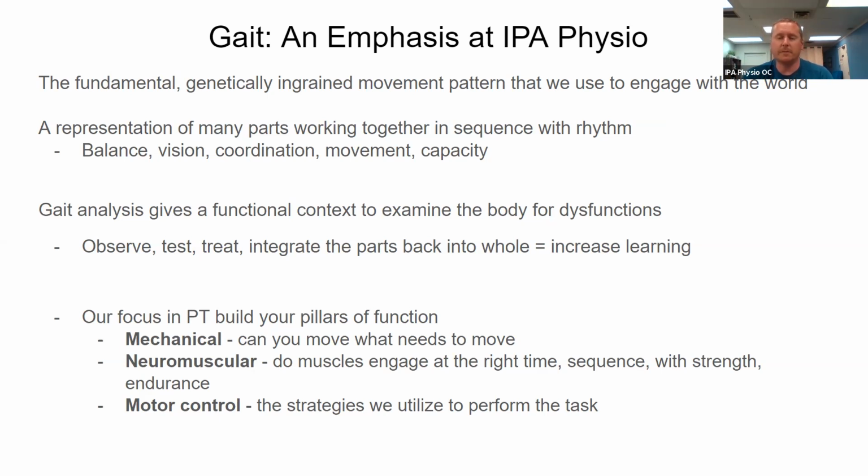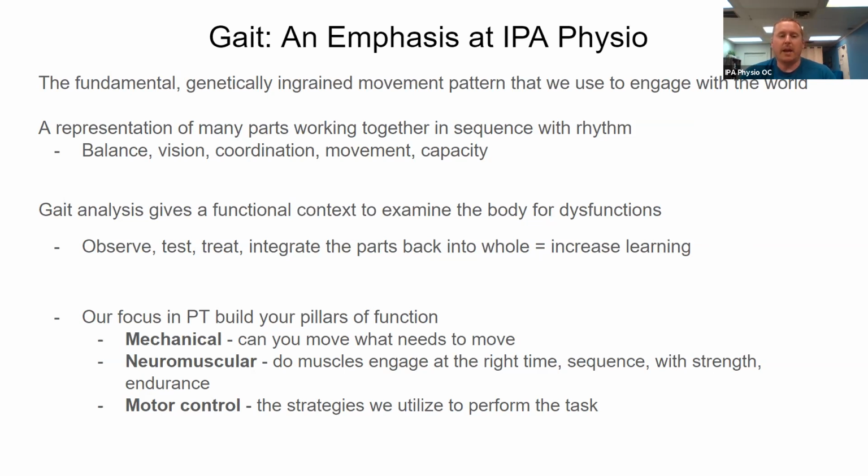And can it go through the available range of motion? Or is it stiff? If you can't move, then your brain does not recognize an area very clearly. So you start to see deficiencies showing up in the neuromuscular phase of how you work with your body. And neuromuscular is really, do the right muscles turn on at the right time in the right sequence with the right strength and endurance.